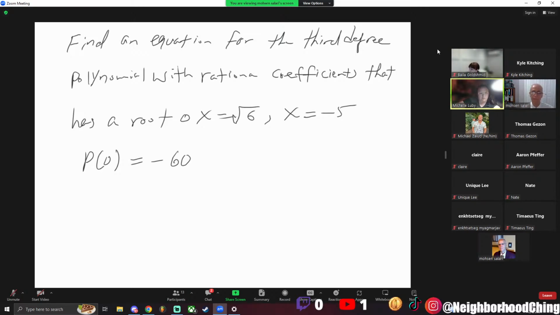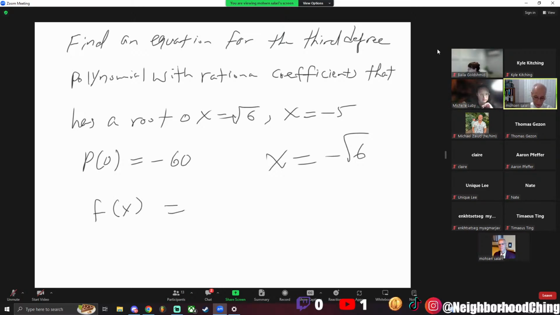The negative square root of 6. Yeah, so does it have a choice? It doesn't have a choice because it's a square root. You see, you have some f of x, which is cubic, right?